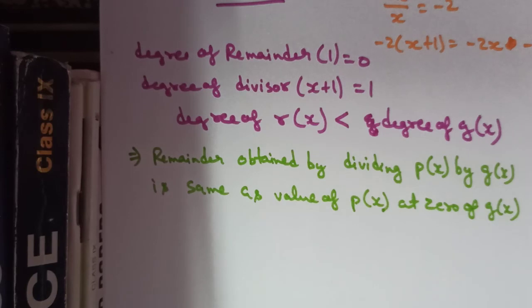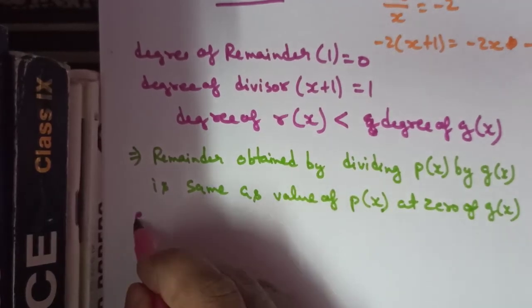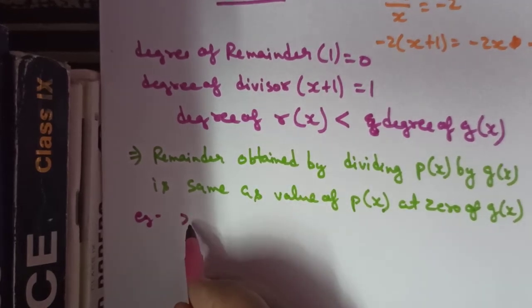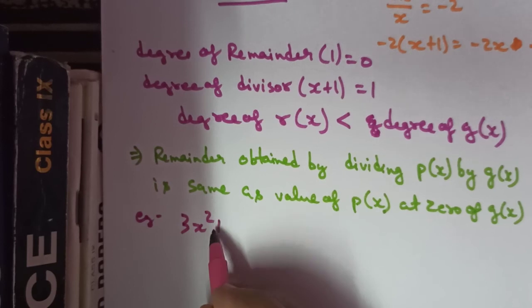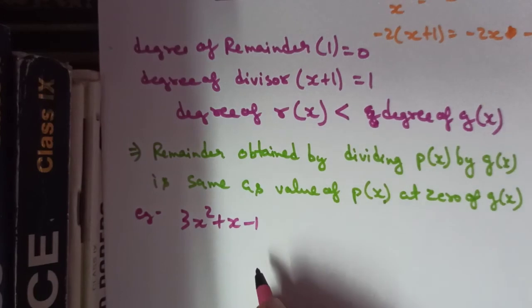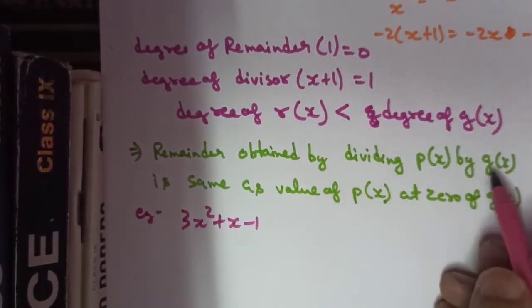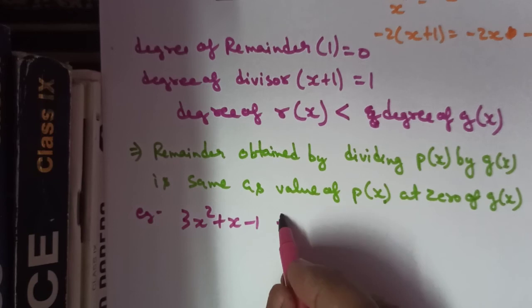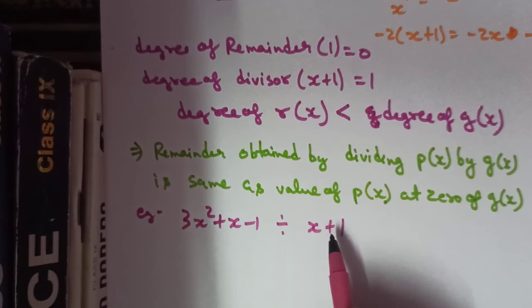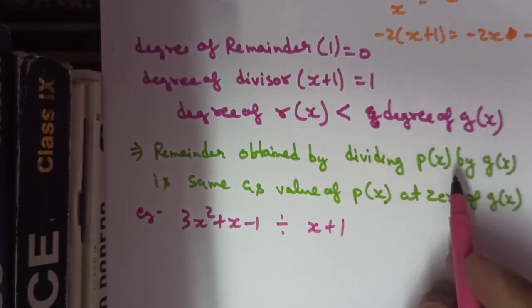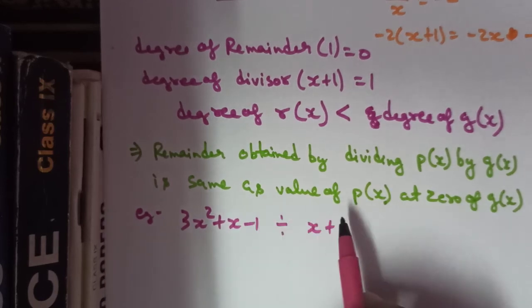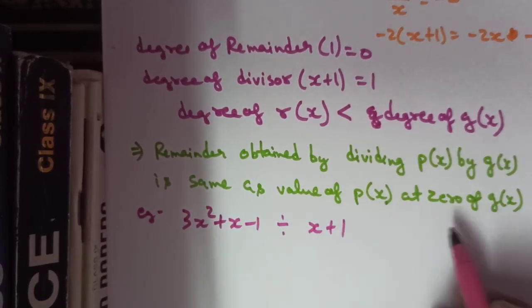It is a little complicated, so let us make it simple with the help of an example. Say we have a polynomial p(x) as 3x square plus x minus 1, the same case we have taken above, and it is divided by g(x), that is x plus 1. The remainder obtained by dividing p(x) by g(x) is the same as the value of p(x) at the zero of g(x).